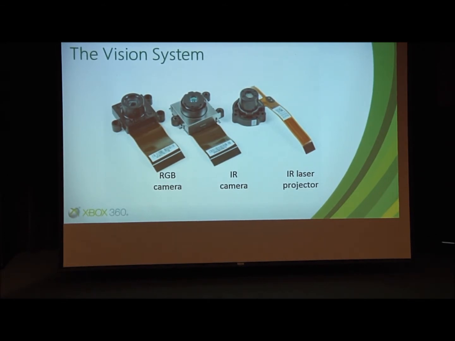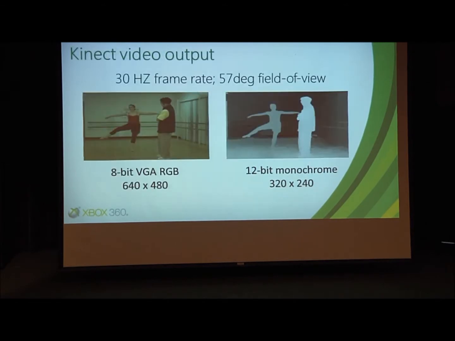So yeah, these are the 3 camera components. And what the camera components allow you to do is literally this. The RGB camera returns a color feed, just like a regular webcam. And the depth camera actually returns a depth feed. It's not exactly this that it's returning. What it is returning is just a series of numbers.